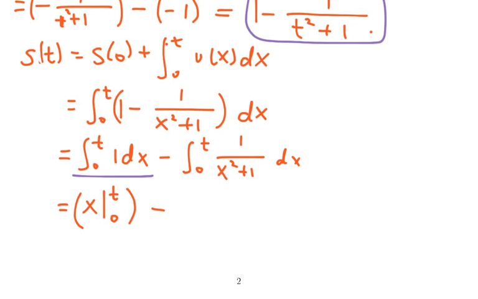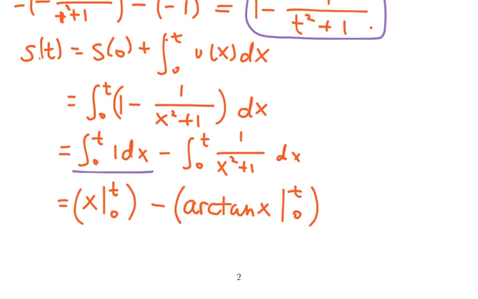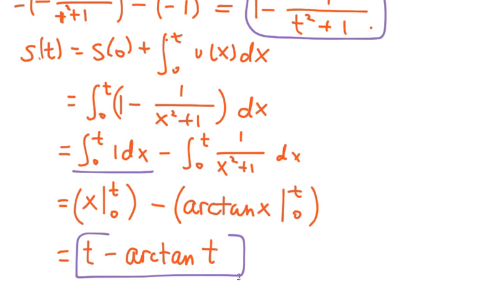For the second part, the antiderivative of 1 over x squared plus 1 is just arctangent of x, with limits t and 0. If we calculate this out, it is equal to t minus arctangent of t. This is the final result for the position function.